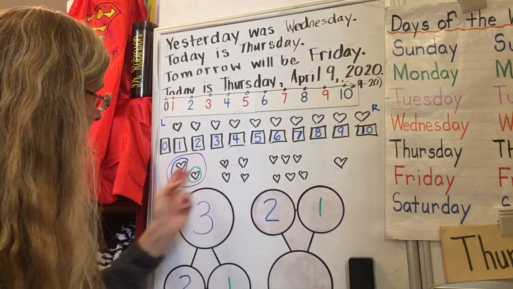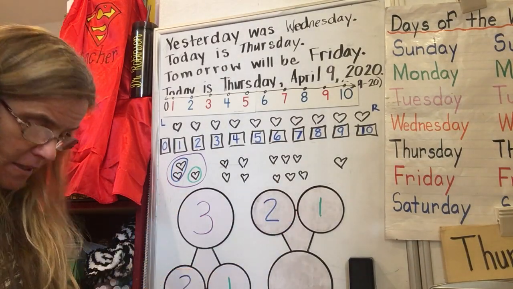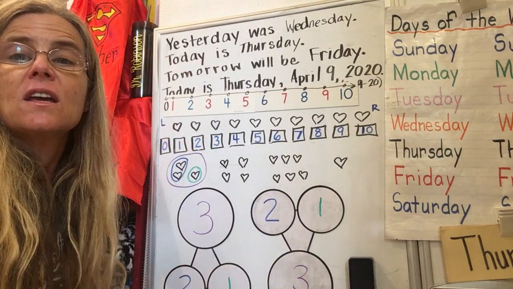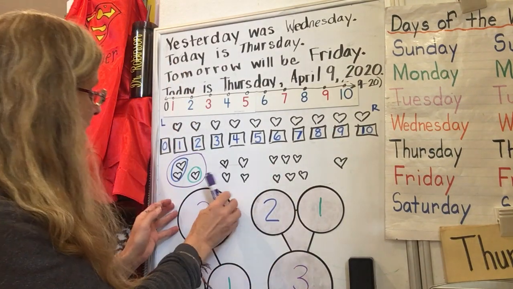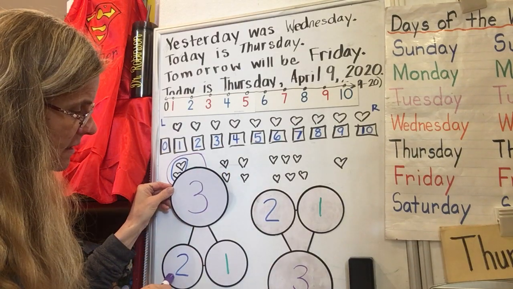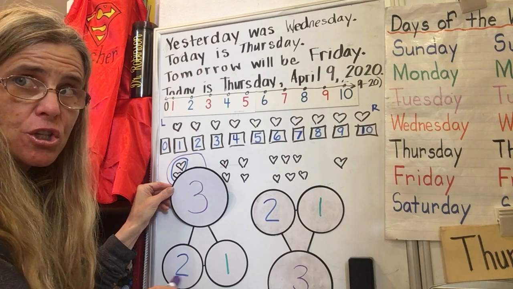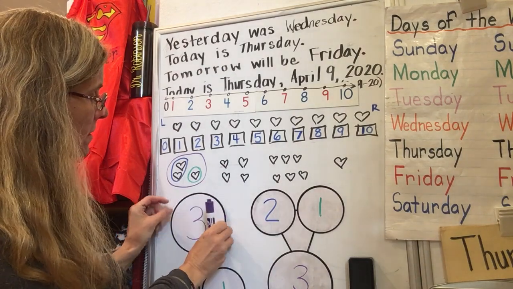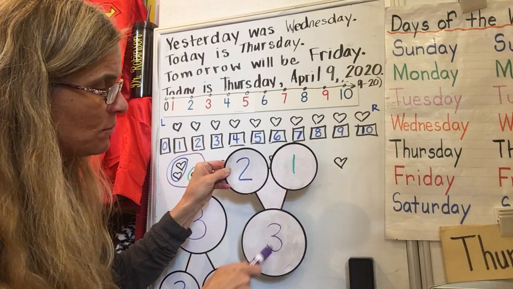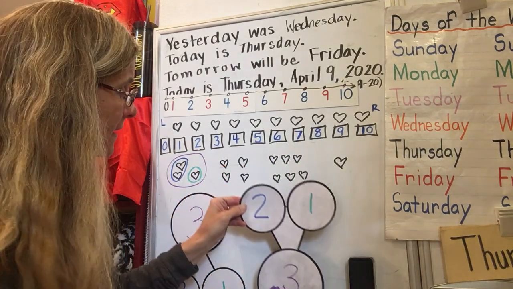So 2 and 1 more equals a total of 3. So I'm bonding them together. 3 as 2 and 1 more, 2 and 1 more is 3.